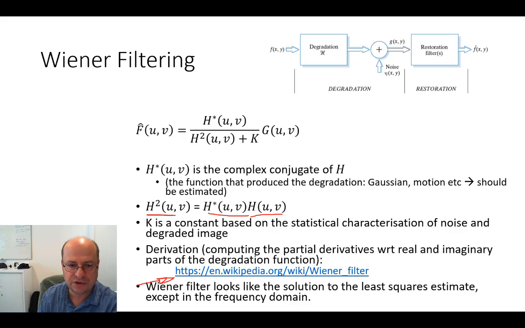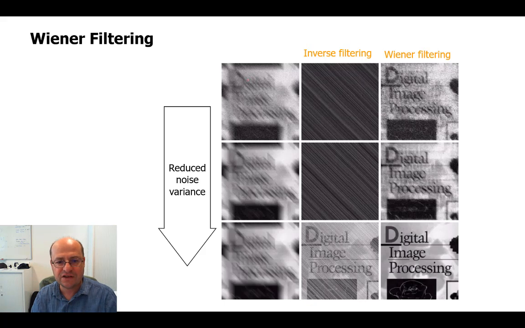And the Wiener filter is just, in a very hand-waving way, the solution to the least squares estimate, but in the frequency domain. And that's the result. Getting a corrupted image by some sort of turbulence. By applying inverse filtering, let's contrast inverse filtering with the Wiener filtering.